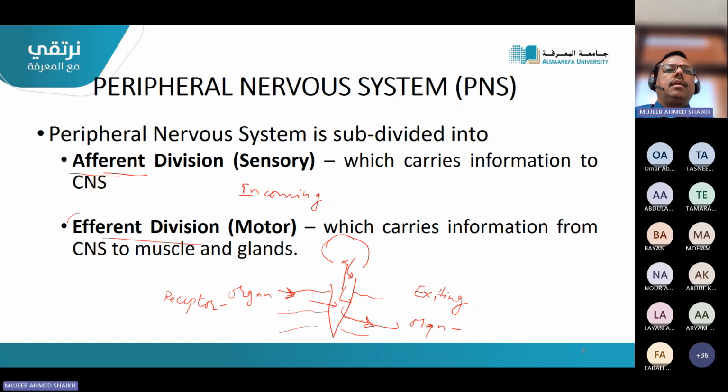E for exit, E for efferent. It is also known as motor. Most of the time, it is causing movement, contraction of muscle, or secretion of hormone, or secretion from a gland. So the nerves which are taking the command to the organ are called efferent nerves or the efferent division of the nervous system.